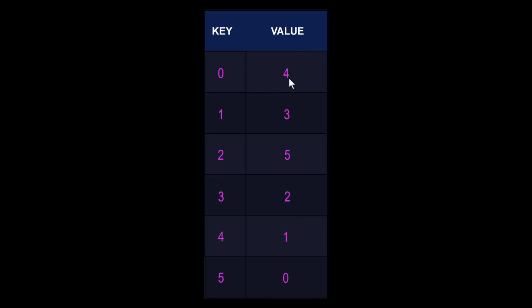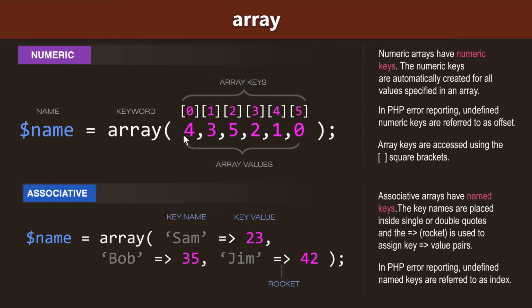So the value 4 would be identified with key 0, the value 3 would be identified by key 1, value 5 would be identified with key 2, etc. When this array is created like this, all the numeric keys are automatically created for us, so we don't have to worry about that. Okay, so that's numeric array.